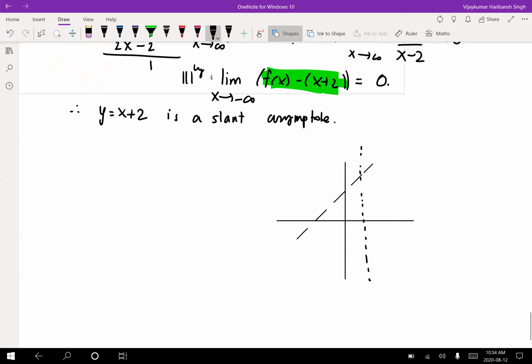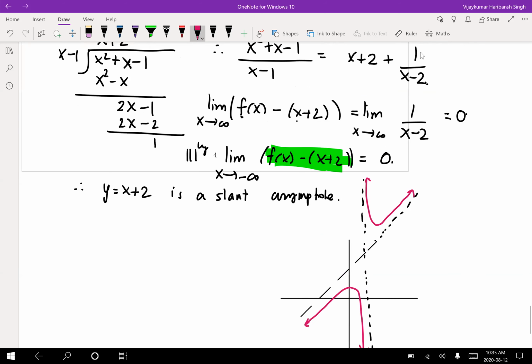And when you draw the graph, this is roughly how the graph looks. Extend this as well. So this is how the shape of the graph looks with the slant asymptote.